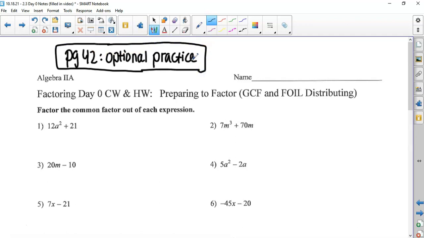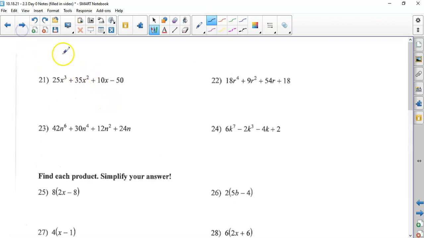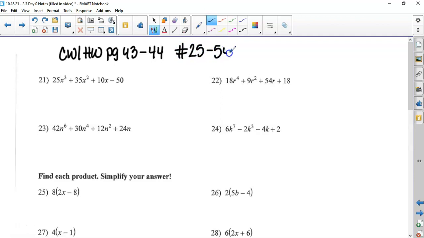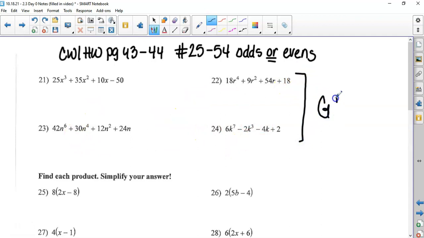For the second part of your classwork/homework, we're going to focus on page 43 and 44. And we're going to be working on numbers 25 to 54. And you have a choice of odds or evens. So again, this was GCF, optional practice. Our task starts here with number 25.